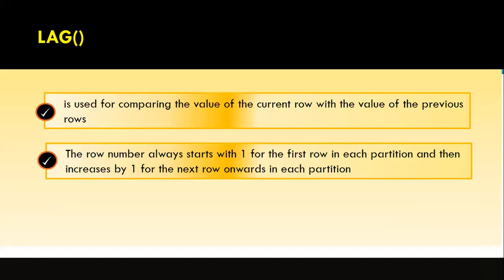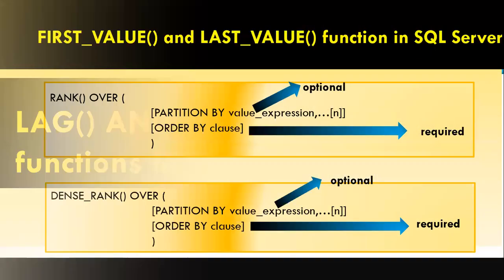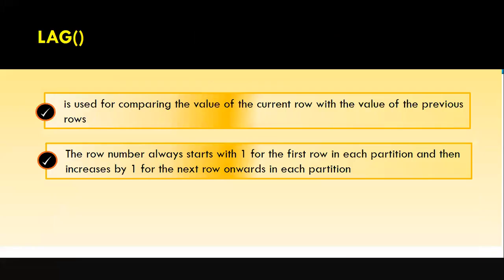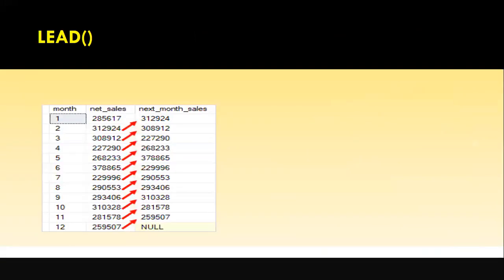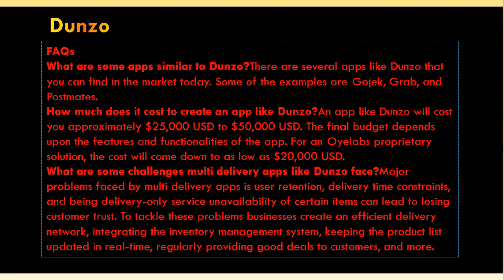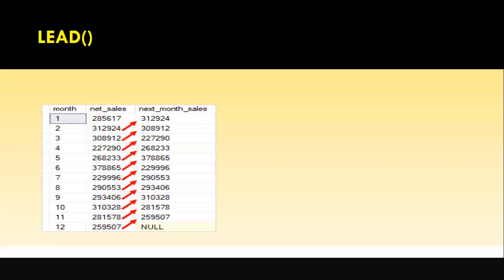Lag and lead functions we have also seen. They are used for comparing the value of the current row with the value of the previous rows. And the next one is the lead function, where I've given the detailed one, and the same thing.